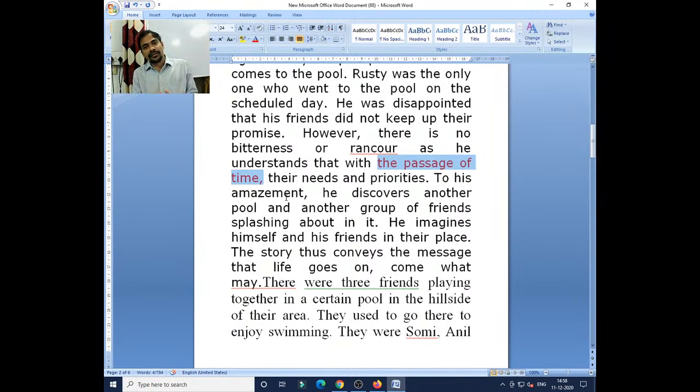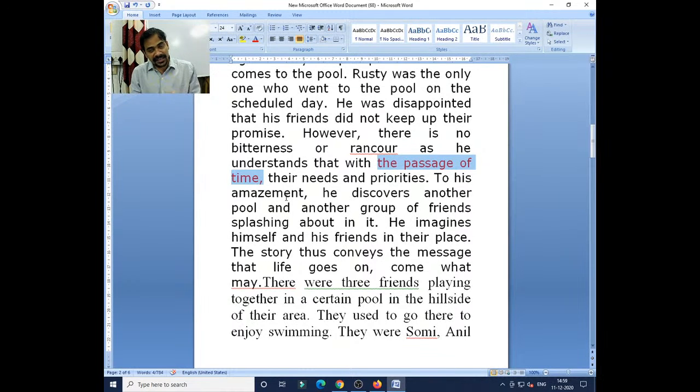So after 10 years, what has happened? They have left the pool, they have gone to different places for their professional growth, for their career building. Did you understand? Now after 10 years, the writer has messaged them to come together, to remind all the past memories of their childhood, but only the writer came.